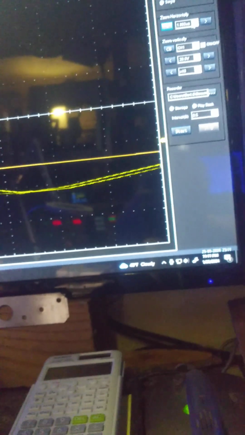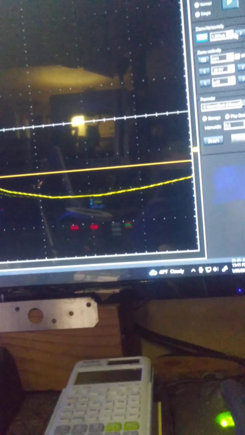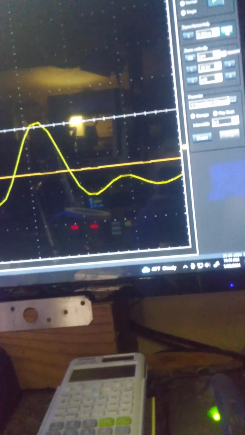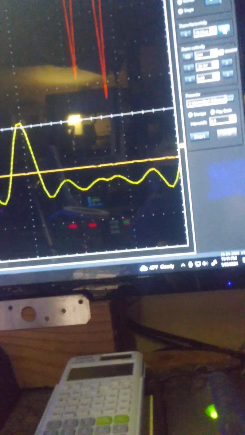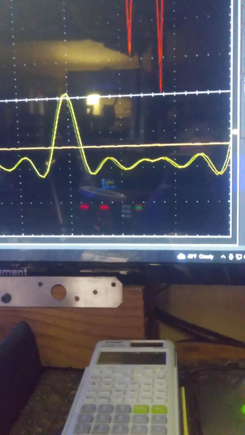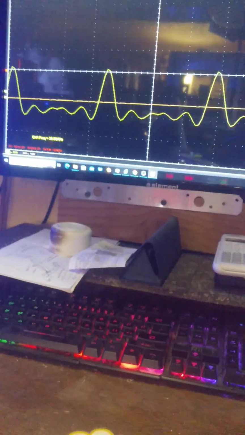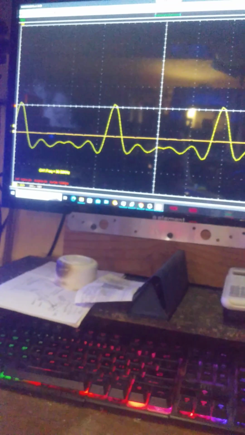Okay, I'm decreasing the frequency. We're down to 30 again. 30 kilohertz. So it's certainly usable for sure up to 30 kilohertz at least.